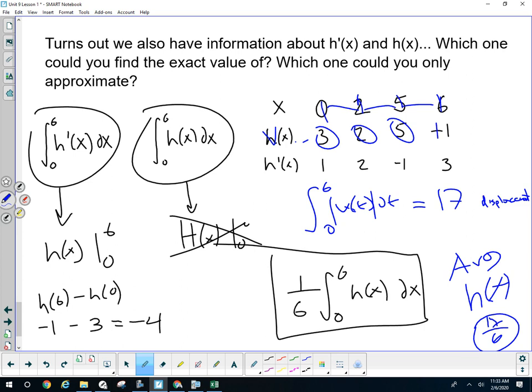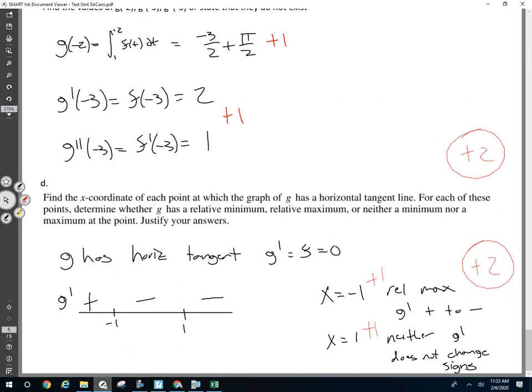Okay? These are all kind of examples of what you're going to see in your homework. We might as well start your homework because we have some time.